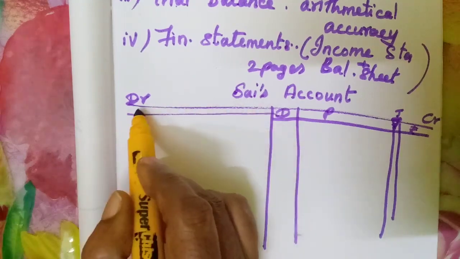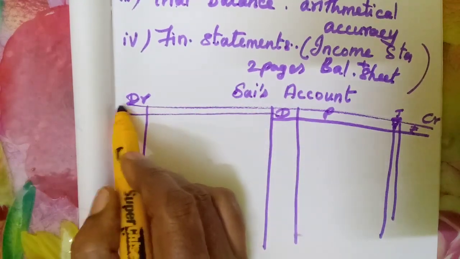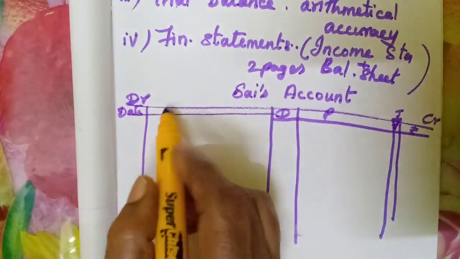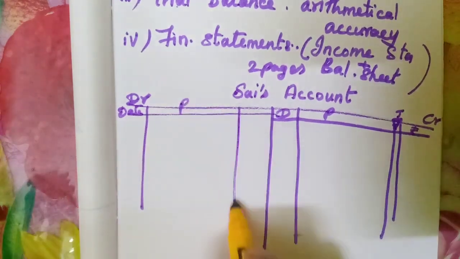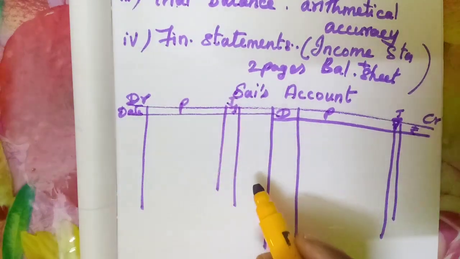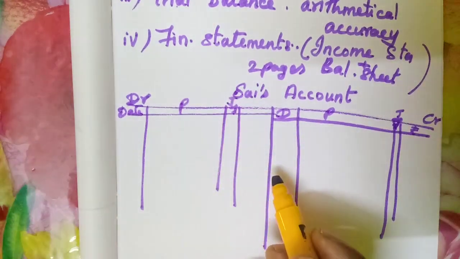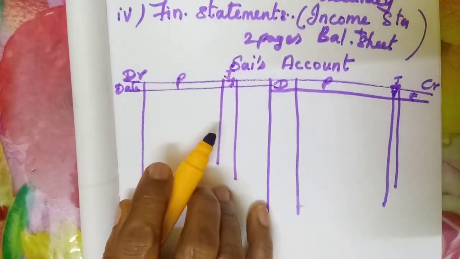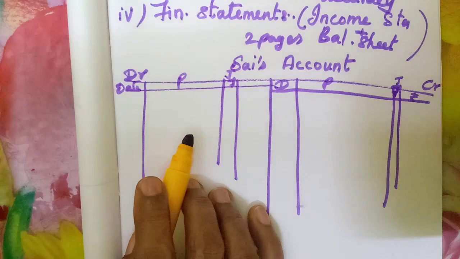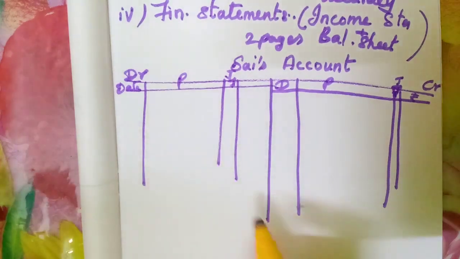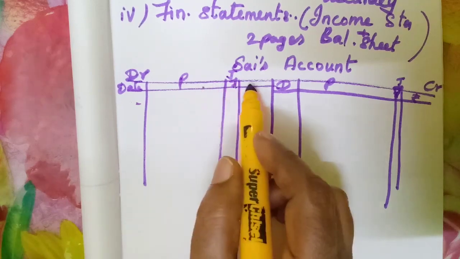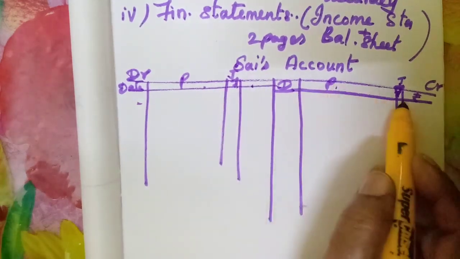Here date, particulars, then amount, then JF. Here 4 columns, here 4 columns: date, particulars, JF, amount on each side.